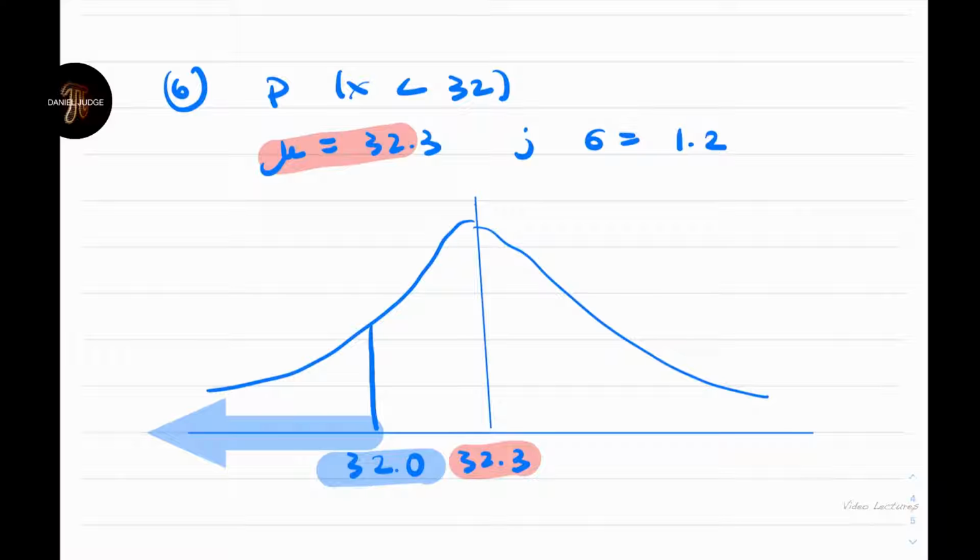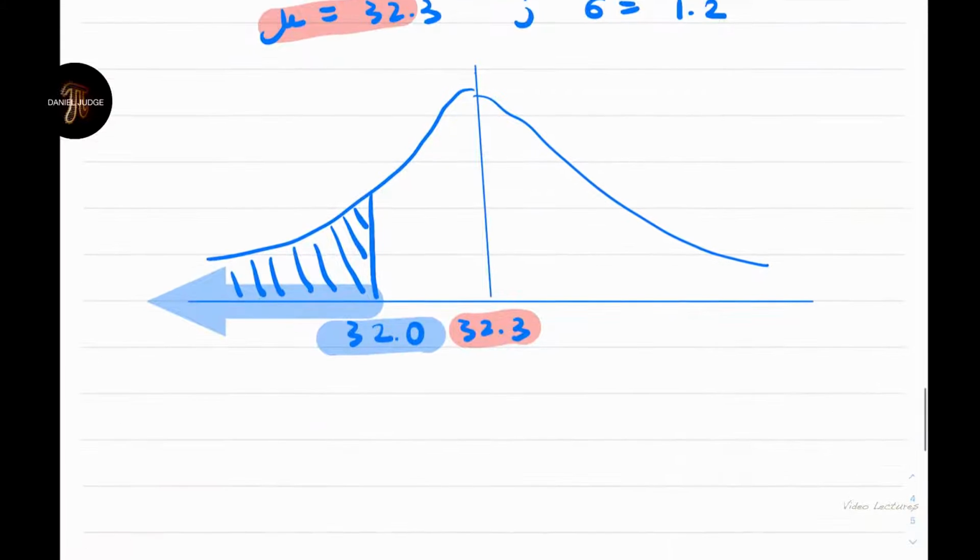We're going to shade this here. It's a left tail question. All the way to the left, this is a lower value. It's a default of negative 9999. This is our default lower.